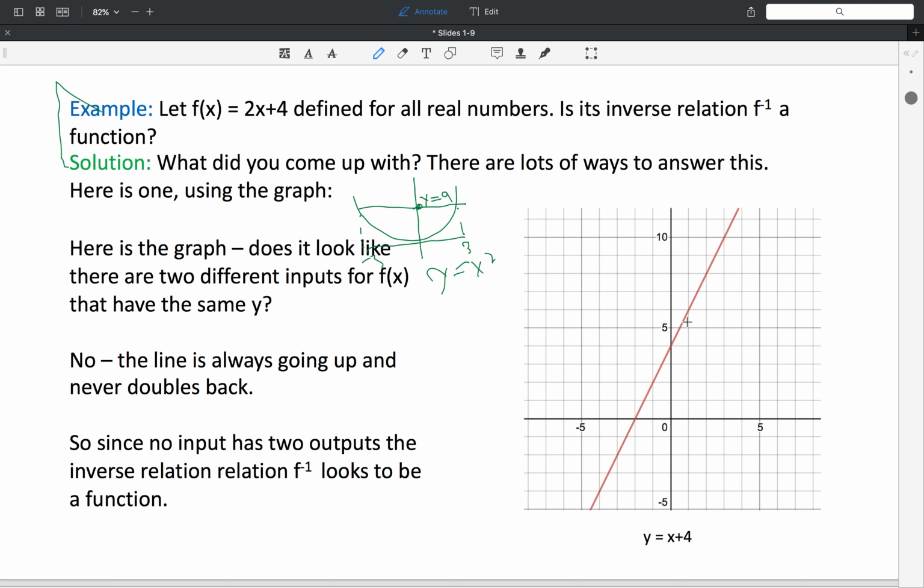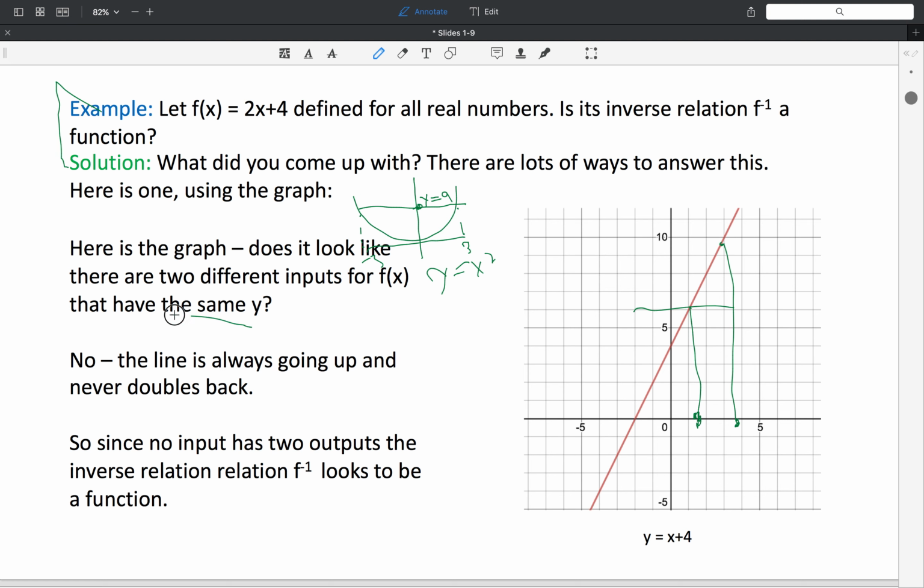Does anything happen like that over here? And you'll probably figure out, oh, that doubles back. So if I draw any line here and then go down to the x-axis, notice that any y-coordinate just has one x associated with it, unlike over here.